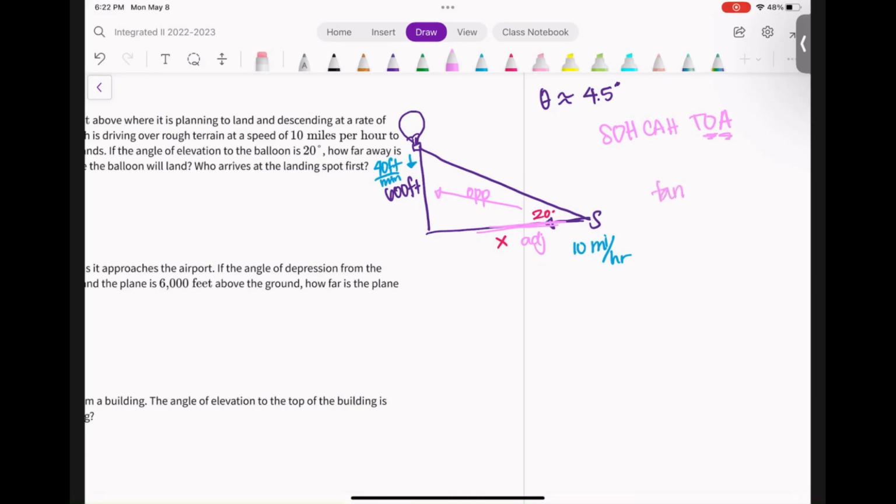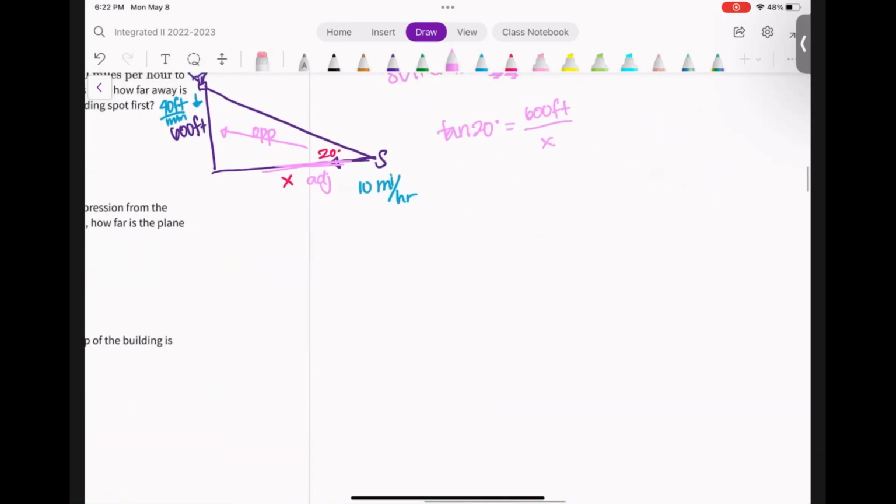So I'm going to go with tangent of 20 degrees equals the opposite, which is 600 feet, divided by x. And I don't know what x is, so I'm going to look for it. Whenever I'm solving these and x is on the bottom, there are a couple of different ways you can solve it.